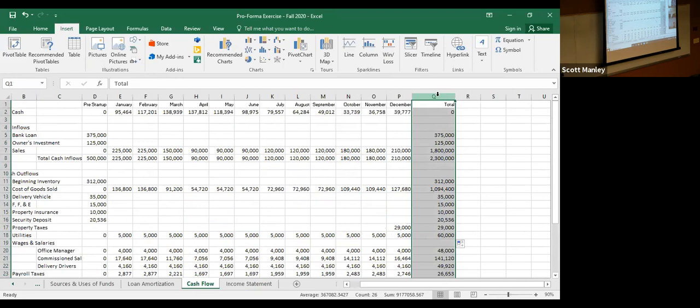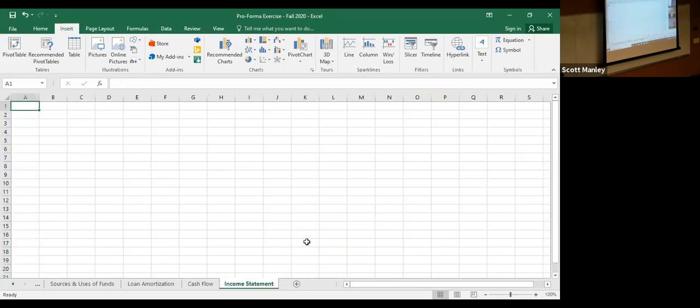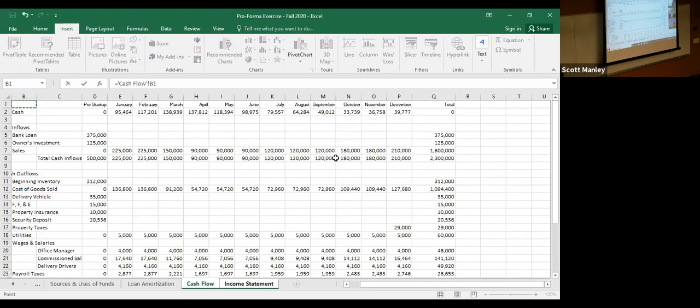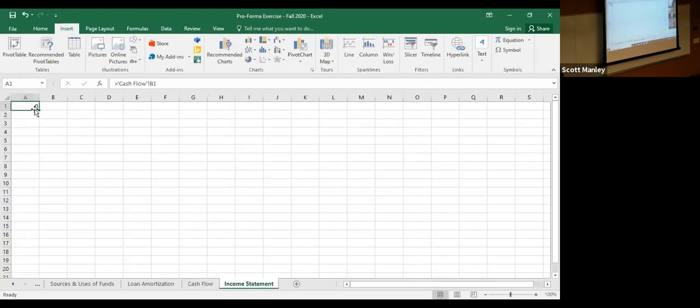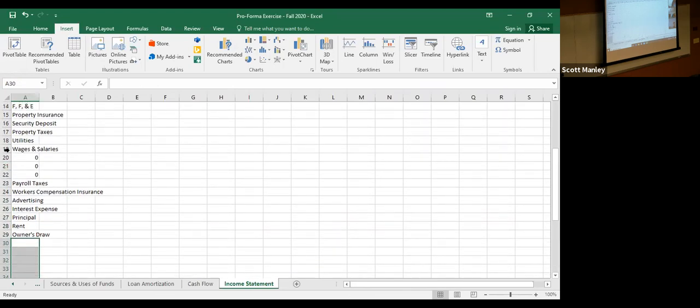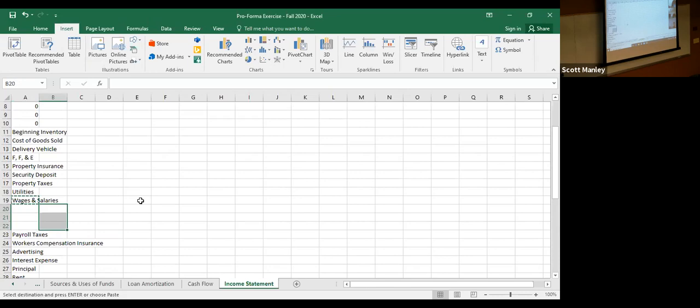So to make things really, really easy for you on your income statement, I'm simply going to say, go over here to my cash flow and whatever's in all those cells, just bring that over here, okay? And I've got to do some stuff here, and I'm just putting in a formula that says go over there and get that stuff, okay?